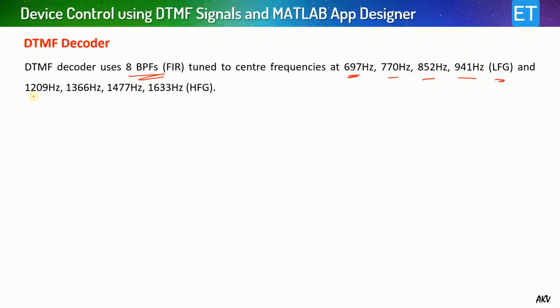And the other 4 are centered at 1209, 1366, 1477, and 1633 hertz, which are the members of the high frequency group. With the help of these 8 FIR filters inside this IC 8870, it recognizes the input DTMF tones, and some digital logic converts that recognition into the corresponding 4-bit binary output.